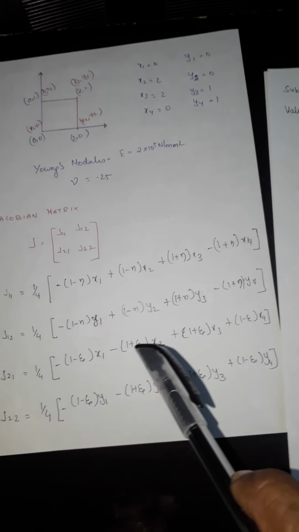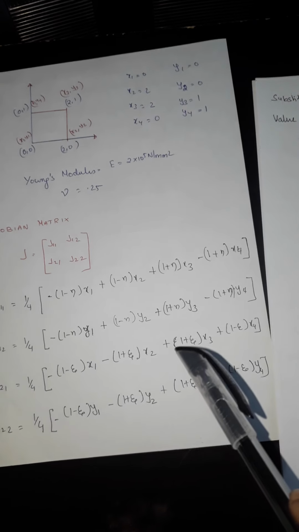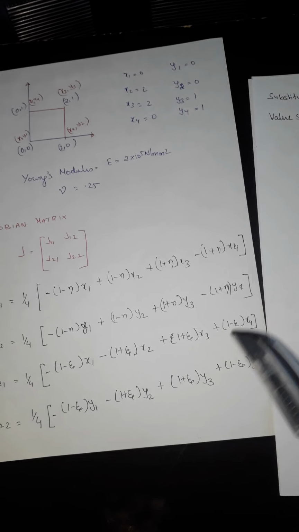And the same now for epsilon in the x coordinates: minus (1 minus epsilon) x1 minus (1 plus epsilon) x2 plus (1 plus epsilon) x3 plus (1 minus epsilon) x4.